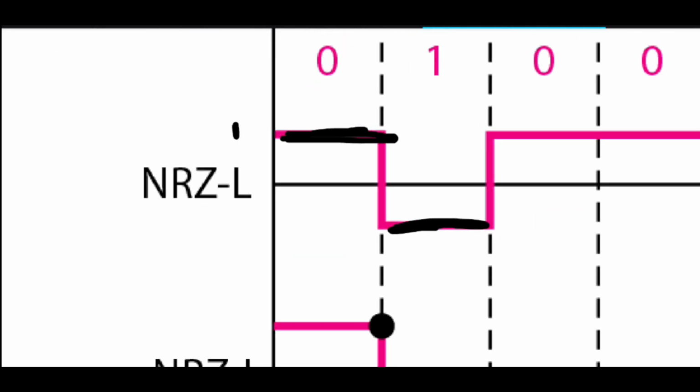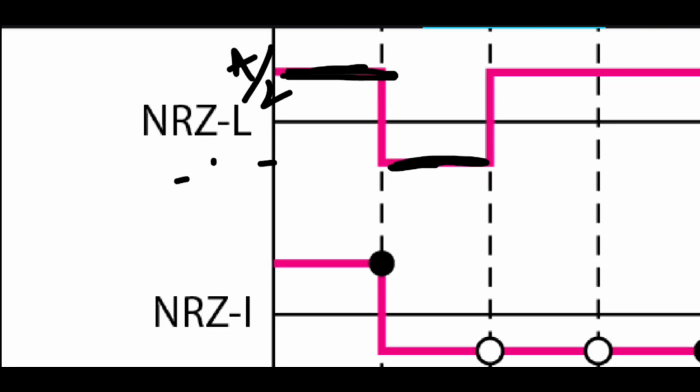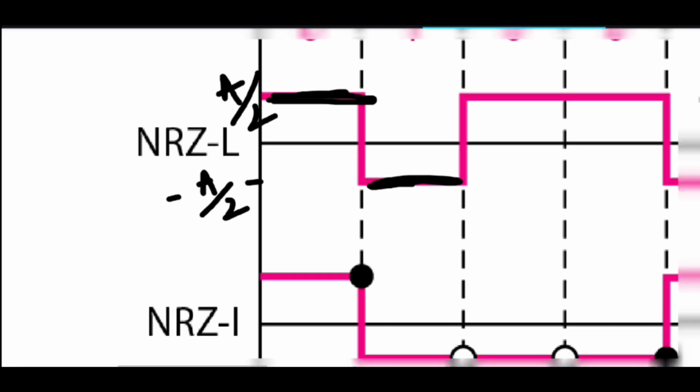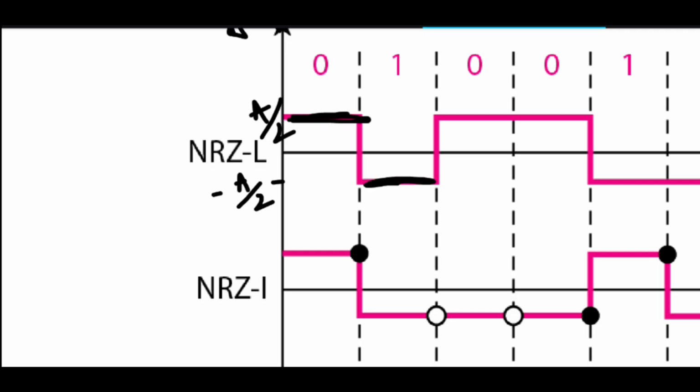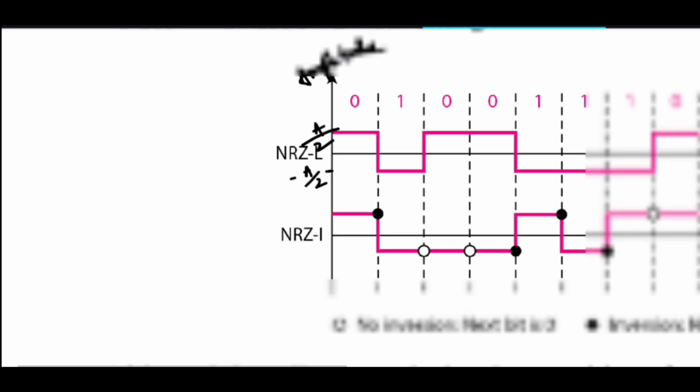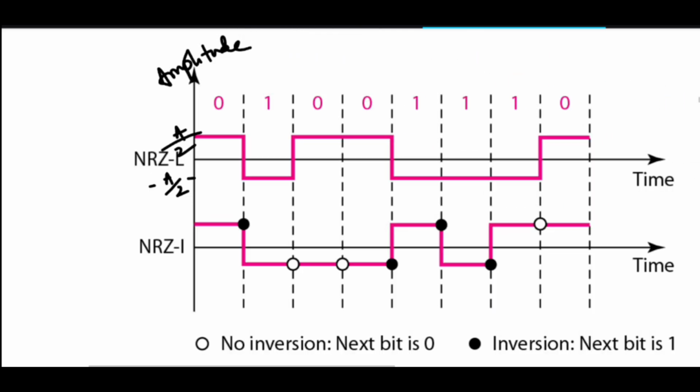Then this is A by 2, and this is minus A by 2. As I have discussed, high level for 0 and low level for 1. So a positive A by 2 for 0, then 1 means a negative A by 2.